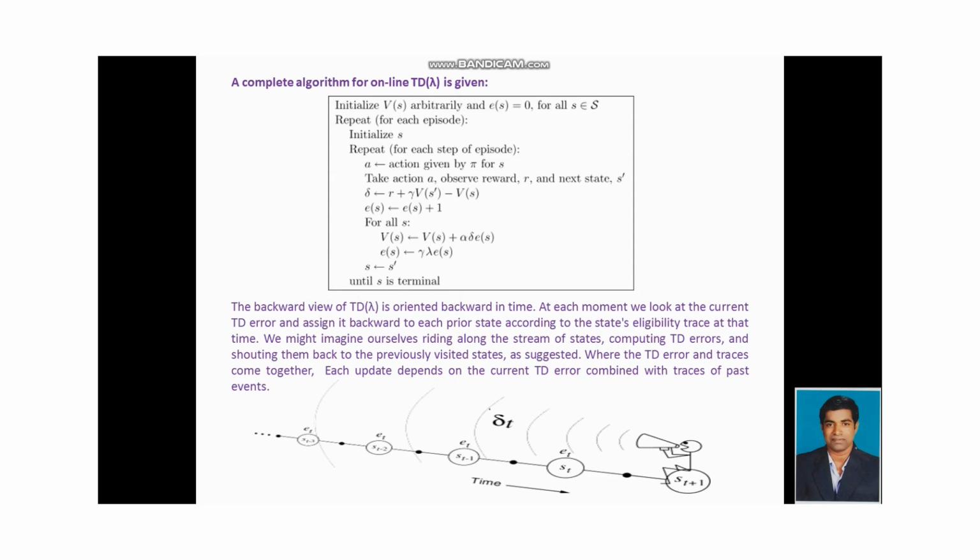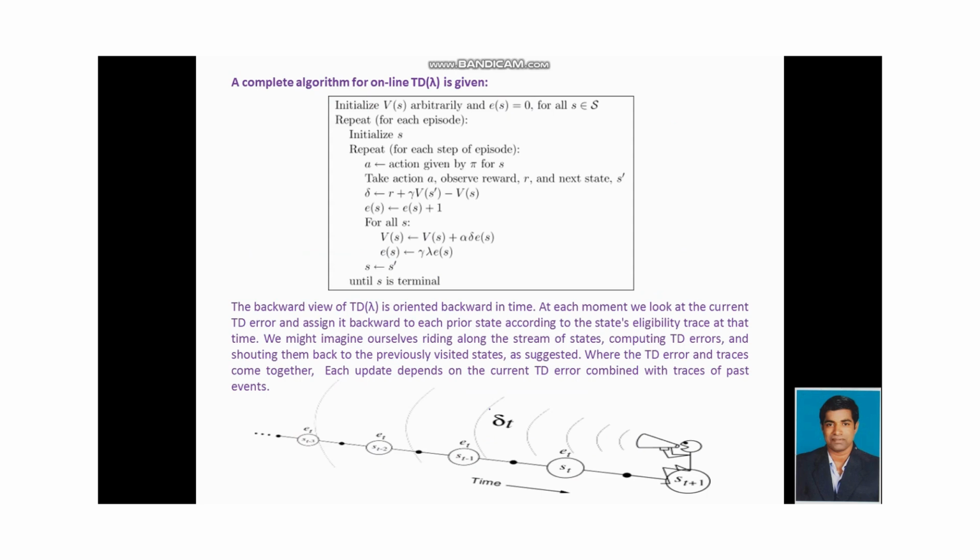Initialize V(s) arbitrarily and E(s) = 0 for all s ∈ S. Repeat this for each new episode. Initialize state S, and then for each step of the episode we repeat the following.